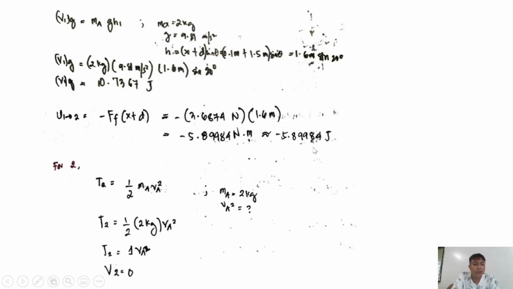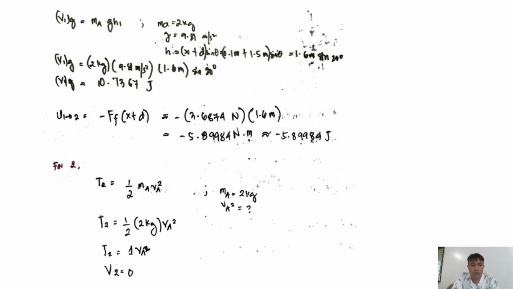And our x plus d is just equal to 0.1 plus 1.5, so that is equal to 1.6. Multiplying these gives us the work of force equal to negative 5.89984 Newton meter, or just negative 5.89984 joule.